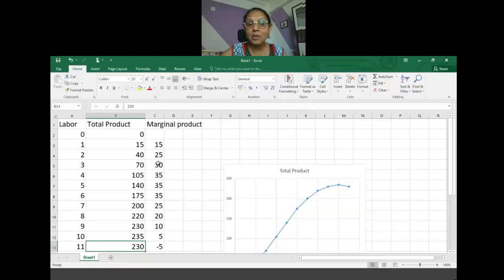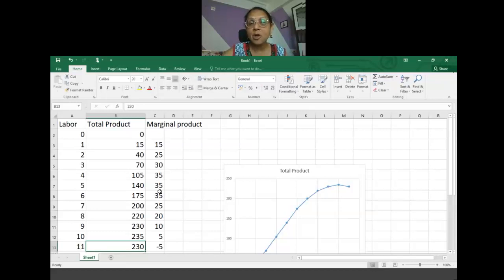So here you are increasing the number of laborers by just one, but your production is increasing at an increasing rate. At what rate it is increasing is given by marginal product, which says what is the additional addition to the production. Okay, so this is the increasing returns where resources are utilized more efficiently.